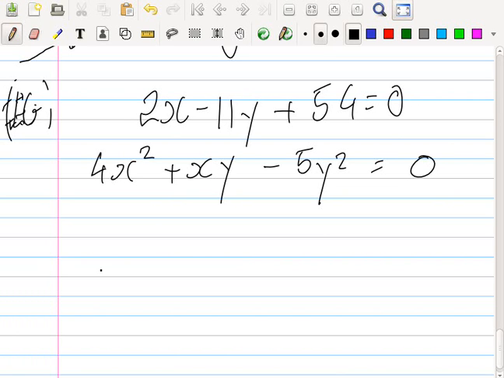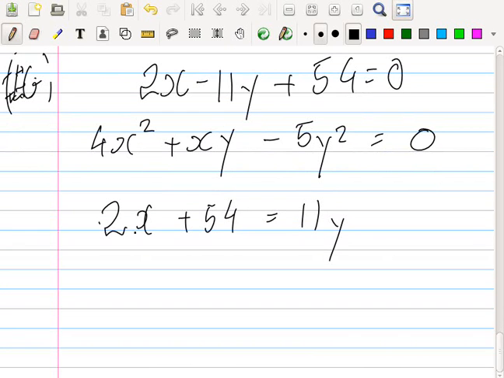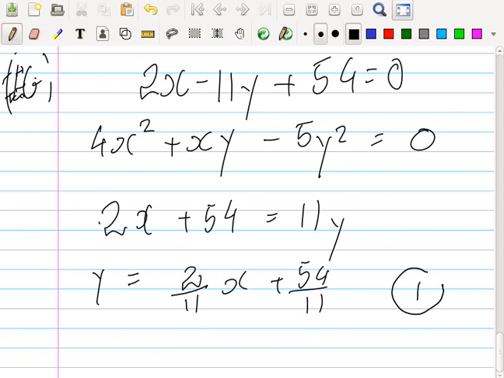Okay? So we have 2x plus 54. That's equal to 11y. Or if you want, y equals 2 over 11 x plus 54 over 11. So now this is equation number 1 and this is equation number 2.